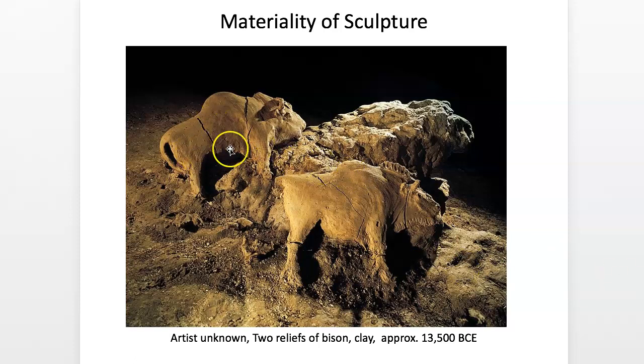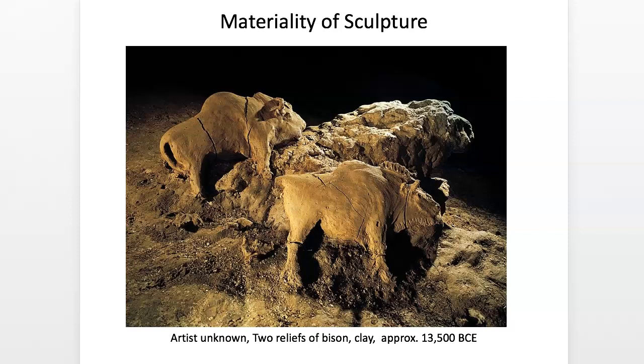But you can see how eventually at the back it's still attached to the matrix, the cave floor, and this big rock. So it's still dealing with being attached to a matrix, but it's almost becoming like in the round, and the materiality of it is very present. So it's playing with that materiality, which is a huge part of sculpture in general, the feeling of the material.